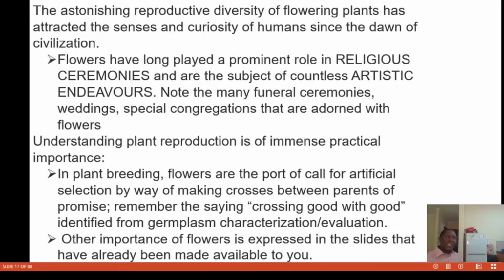And they are also the subject of countless artistic endeavors. You can note the many funeral ceremonies in which flowers are presented to the sick in hospital, presented in ceremonial celebrations of remembering those who have departed from us.